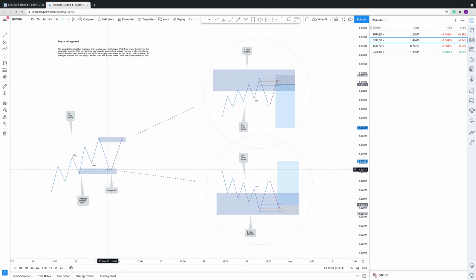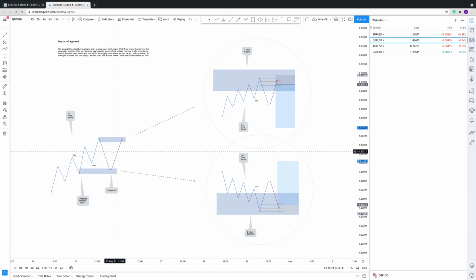Liquidity is being taken, so people are getting stopped out, to then see price come into a supply zone. So it clears the way for liquidity, and price can tap into a supply zone, and then we can short from here.